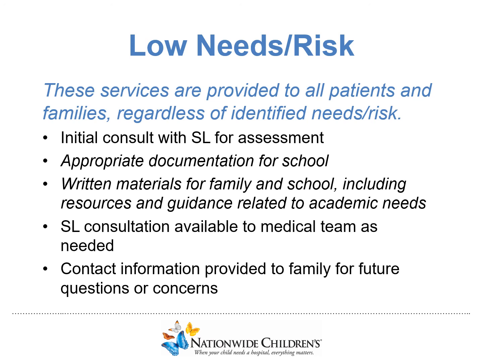They would receive appropriate documentation for school, whether it's home instruction documentation or medical absence paperwork, whatever. And then also the families would be provided with written materials for themselves and for their school that includes resources and guidance related to academic needs.